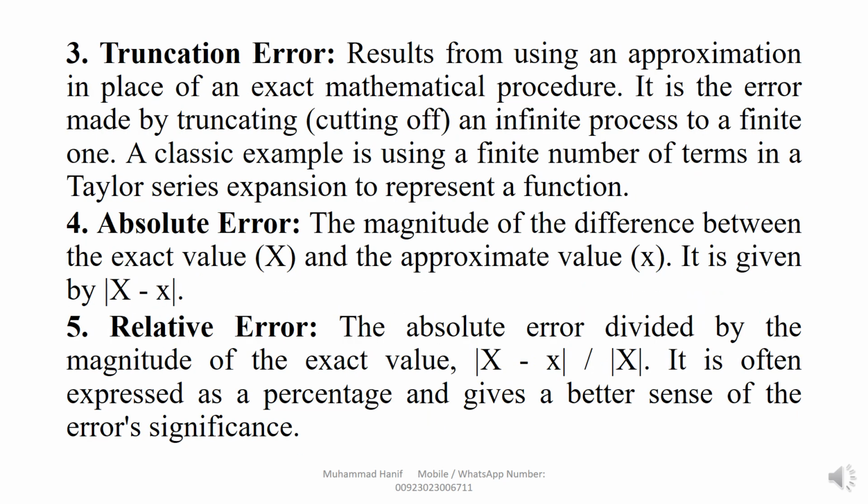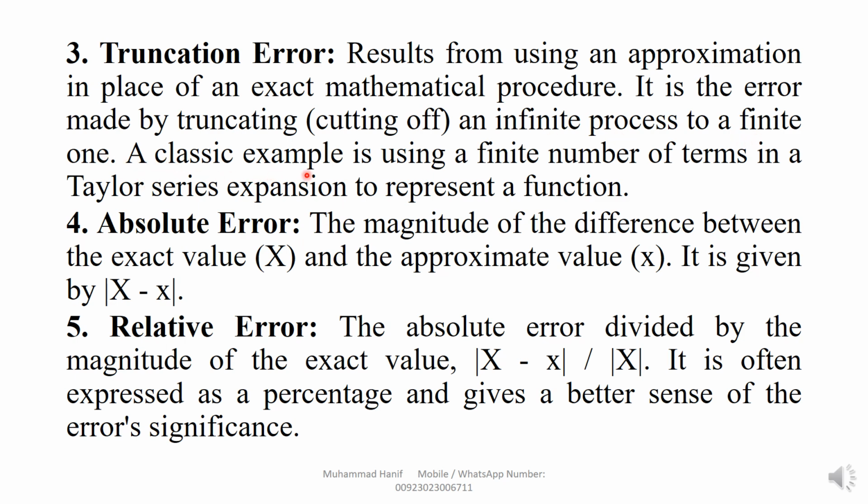Now, you can see here truncation error results from using an approximation in place of an exact mathematical procedure. It is the error made by cutting off an infinite process to a finite one.